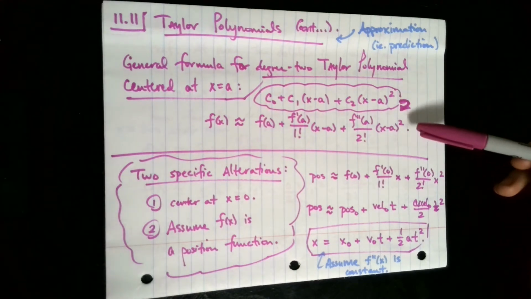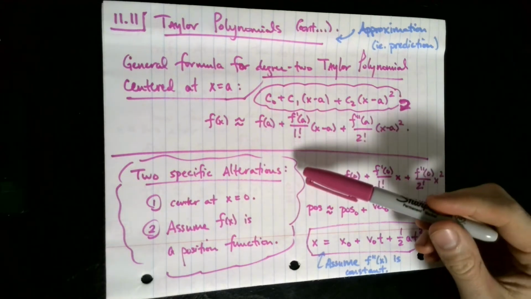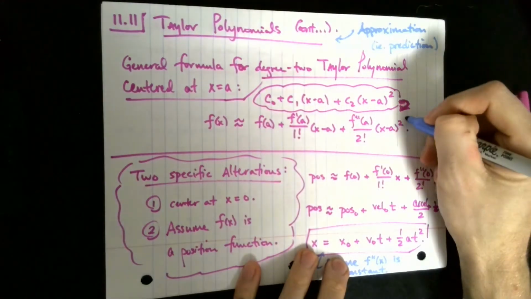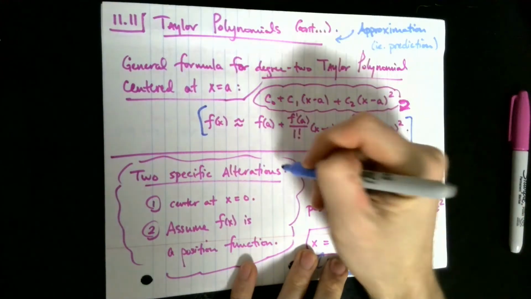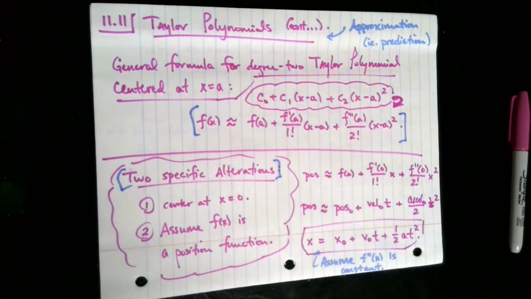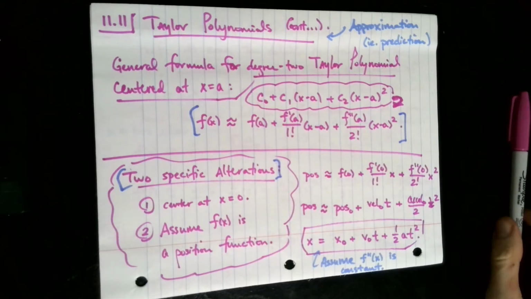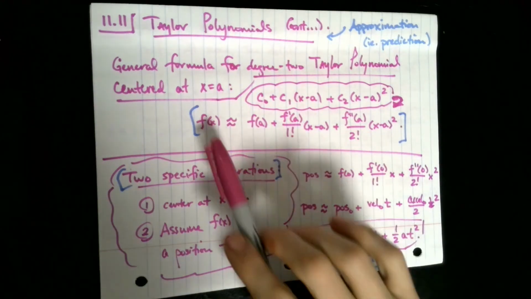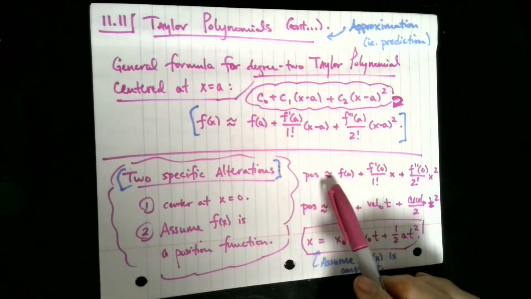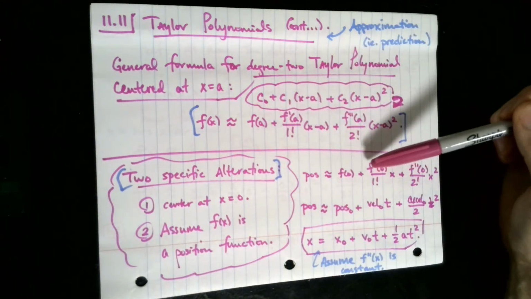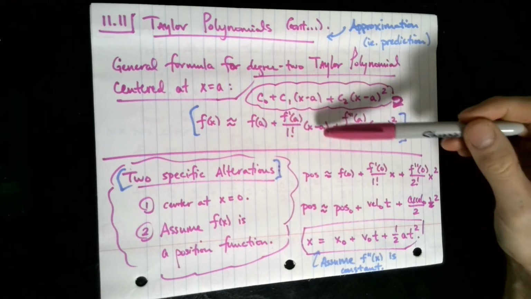Now, what I'd like to do is take this and make a couple of specific alterations to the situation we see here in the blue brackets. One, I would like to center our analysis at x equals 0. And two, I would like us to assume that our function f is a position function. So here, the position is going to be approximately equal to f of 0 plus f prime of 0 divided by 1 factorial times x.